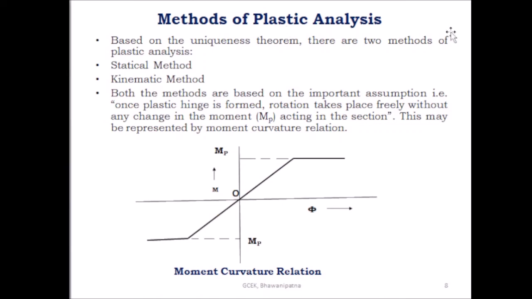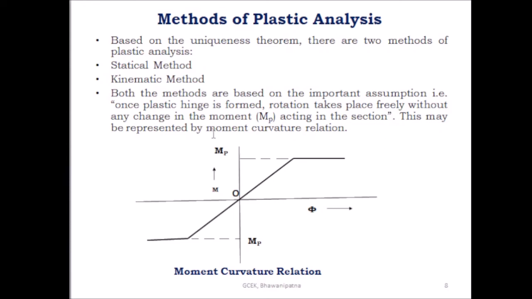Then coming to methods of plastic analysis. Based on the uniqueness theorem, there are two methods of plastic analysis. First method, statical method or static method, and the second method, kinematic method. Both the methods are based on the important assumption that once a plastic hinge is formed, rotation takes place freely without any change in the moment acting in the section.